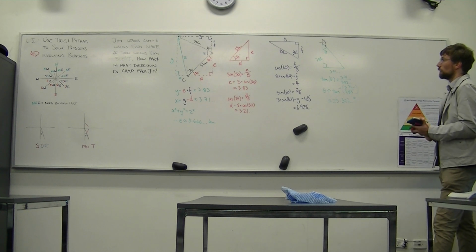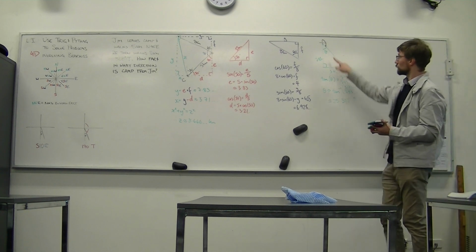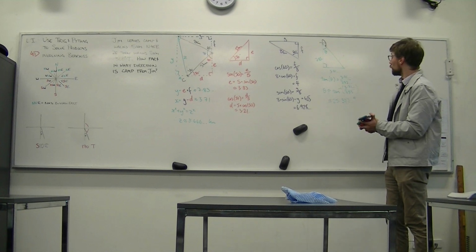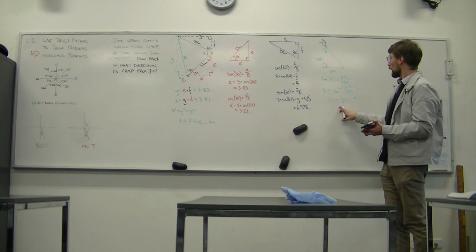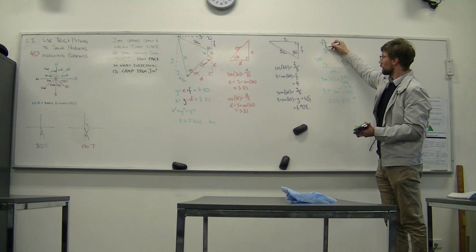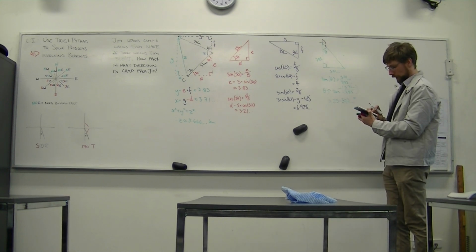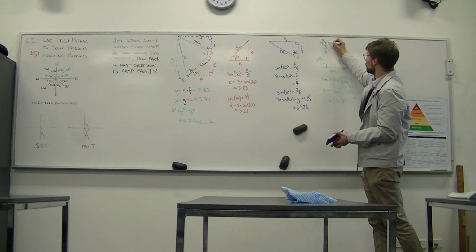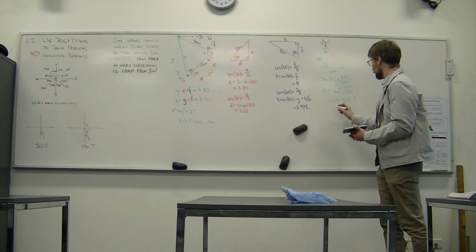Fantastic. Okay, are we done? Well, no. This was that green angle. We want this black angle up here. Well, the black angle, that's 180 minus this guy. So 180 minus my last angle, which we'll have to give a name. We'll just call that alpha.